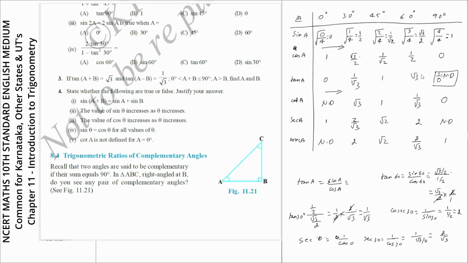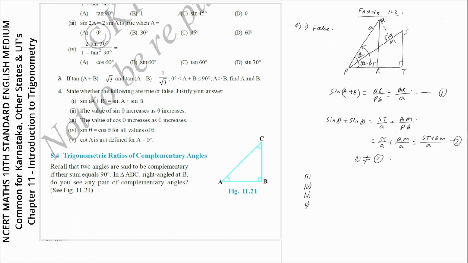Similarly tan 90 is not defined, we get 1 by 0, which is not defined. So the last statement, cot A is not defined for A equal to 0, is true. The second sub question is true, the third is false, the fourth is false, and the fifth is true.